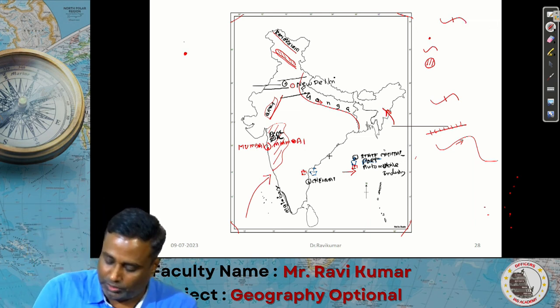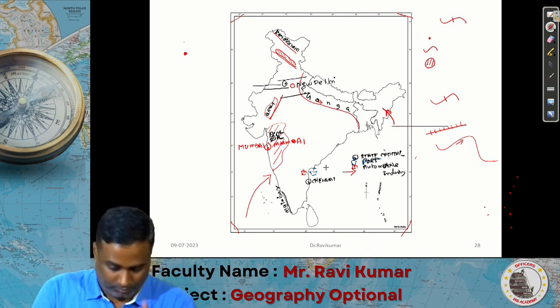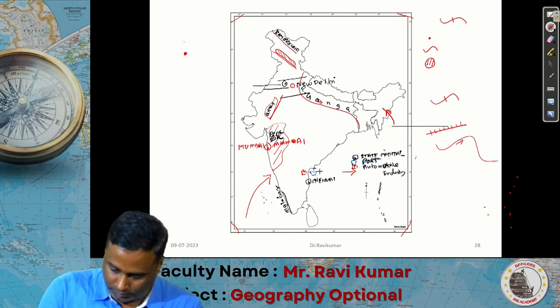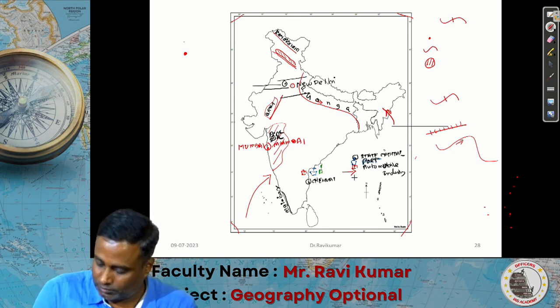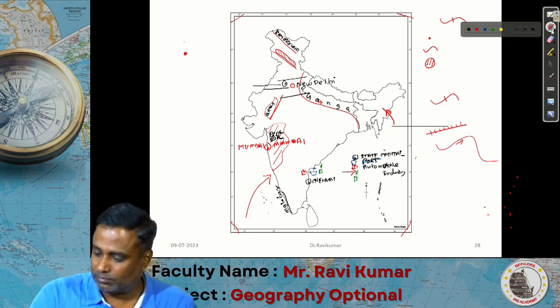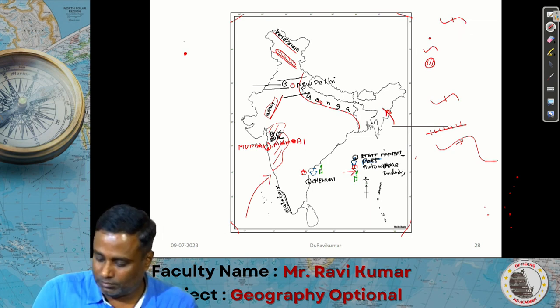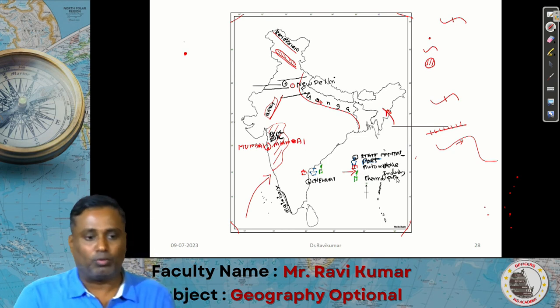And I am using something here. Thermal power plant.